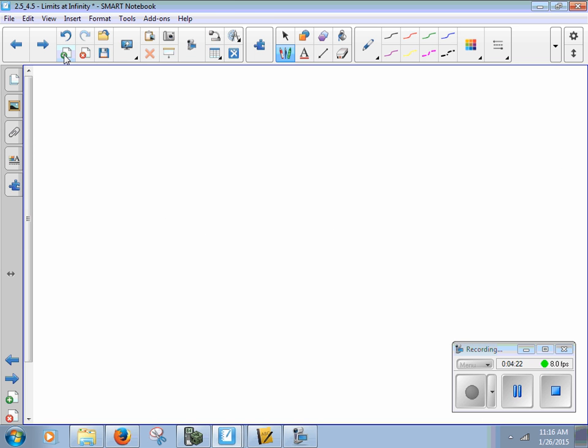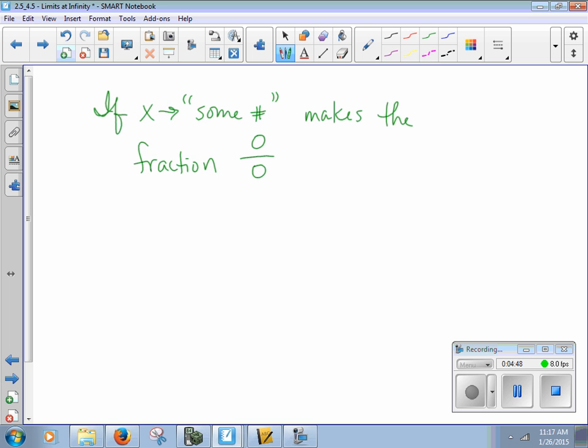If x approaches some number, not infinity, not 0, some number, and if x approaching that number makes the fraction 0 over 0, what's that called? The indeterminate form.